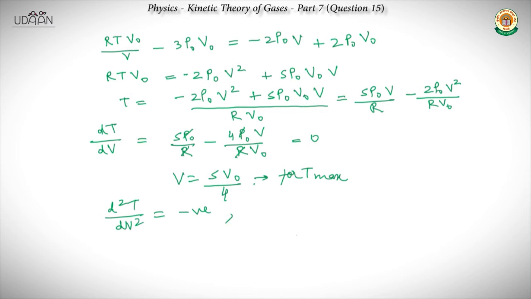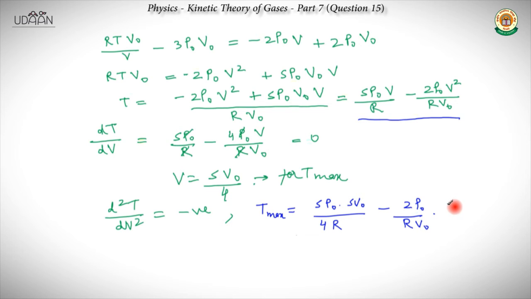So we just substitute this into the formula which connects T and V. So T max equals 5 P naught, for V we have 5 V naught by 4R, minus 2 P naught by R, V naught into V square, which is basically 25 V naught square by 16.